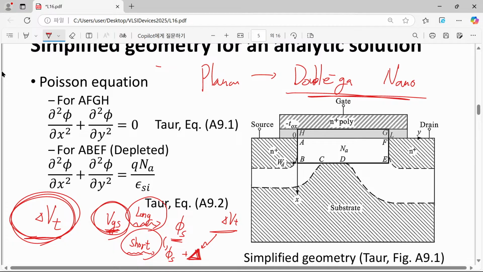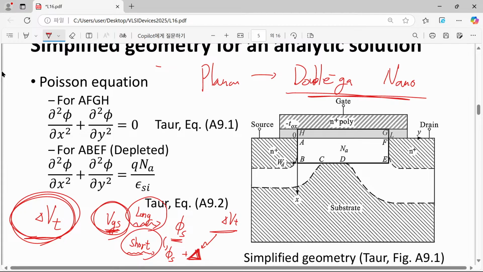Of course, we should be a little bit careful. The change or difference in our surface potential does not directly correspond to the shift of our threshold voltage. They have an exchange rate. What is the exchange rate?